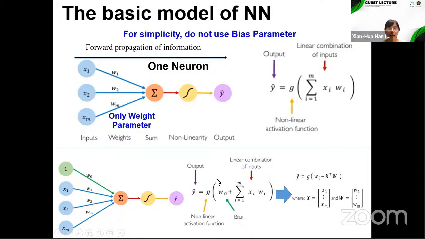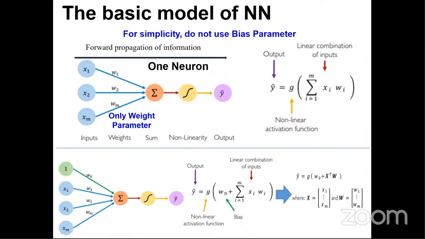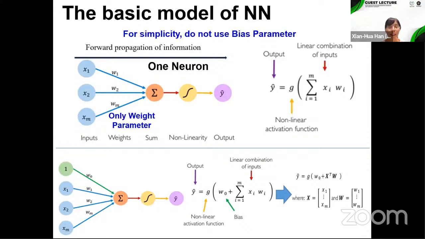Because this neural network is very complicated, for one layer we only use one unit in the output. Let's look at the mathematical expression. The input is x1, x2 to xm. For simplification, we don't use the base parameter.